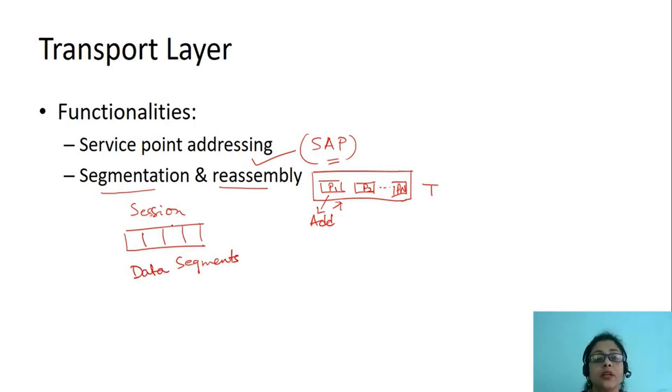So each data segment is assigned a unique sequence number. Now, the sequence numbered data segments are passed through the transmission media, and when it reaches the receiving transport layer, then with the help of this sequence number, proper reassembly of the data is done at the receiving end.